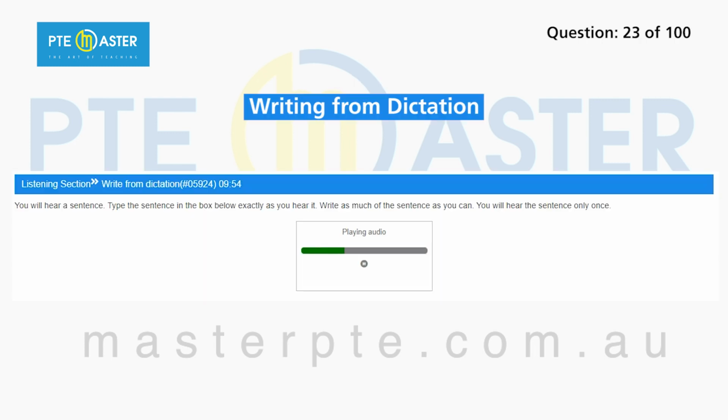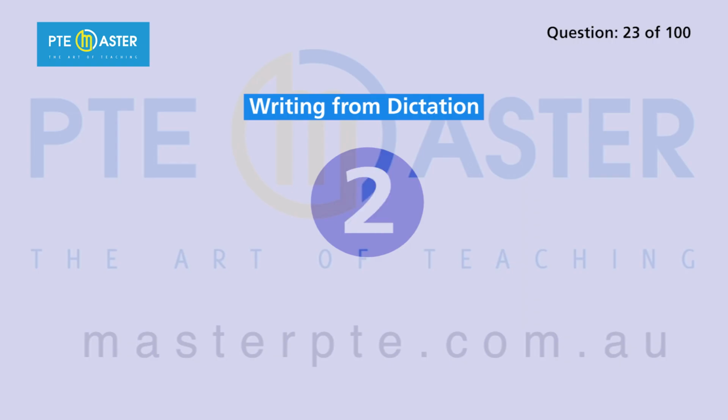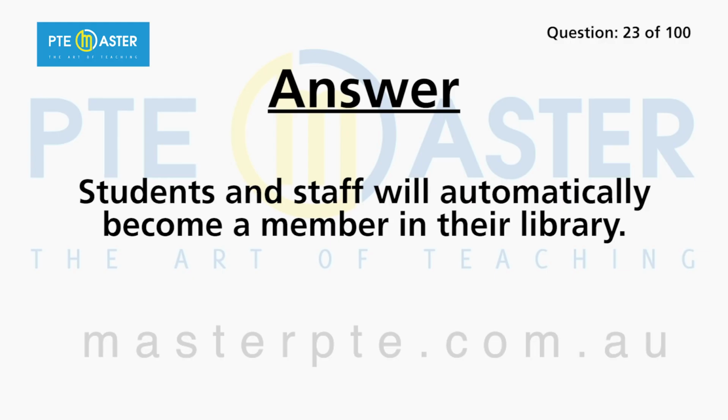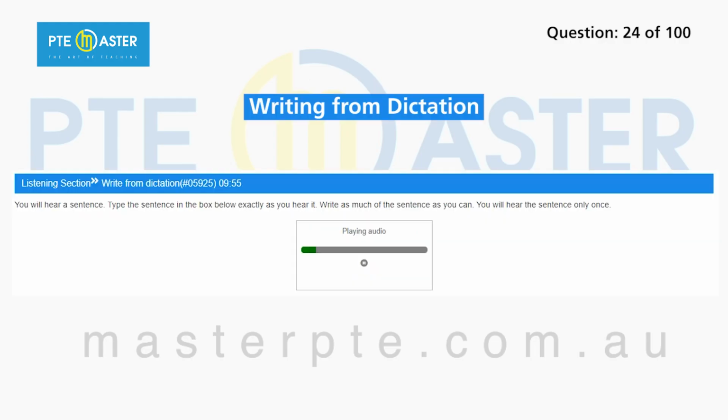Students and staff will automatically become a member in their library. This is a compulsory course, so make sure you attend.